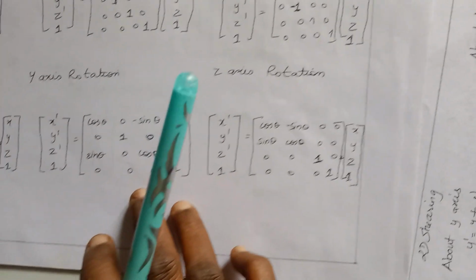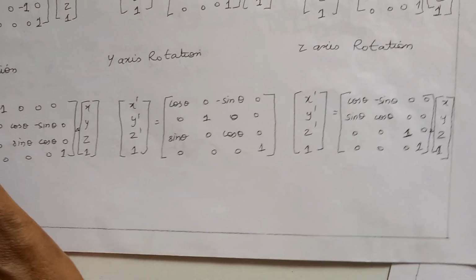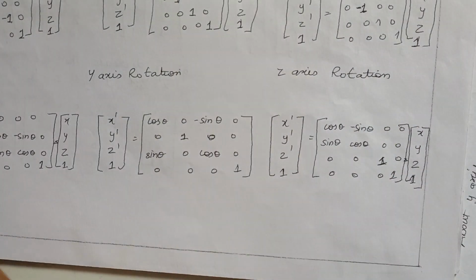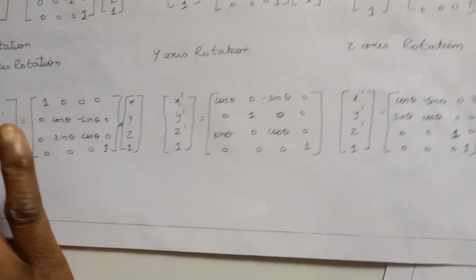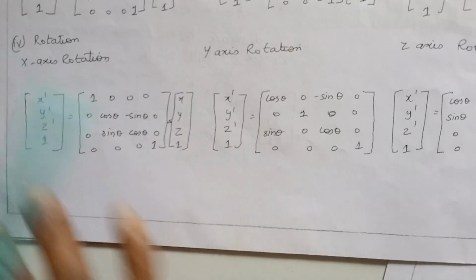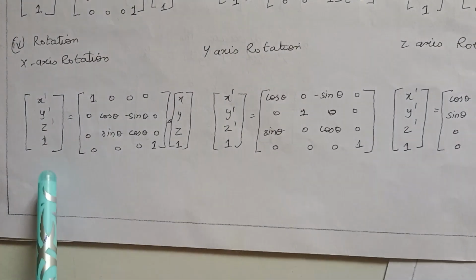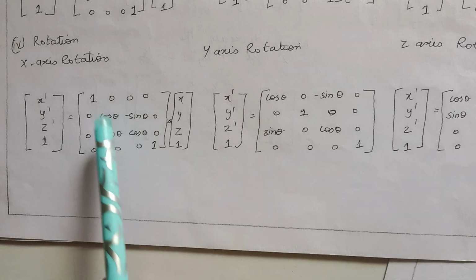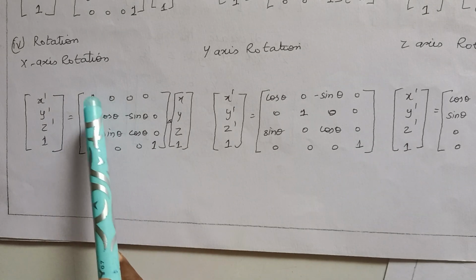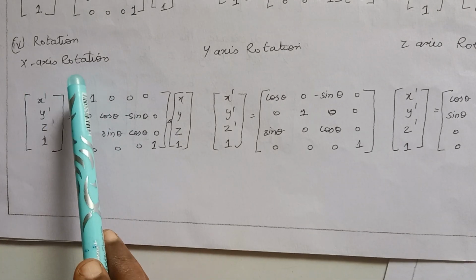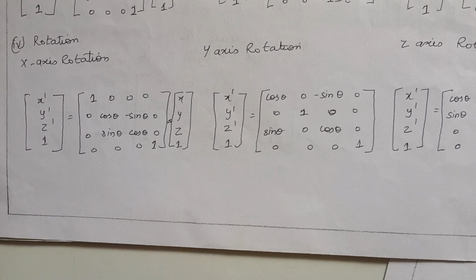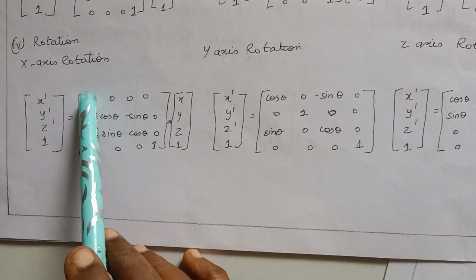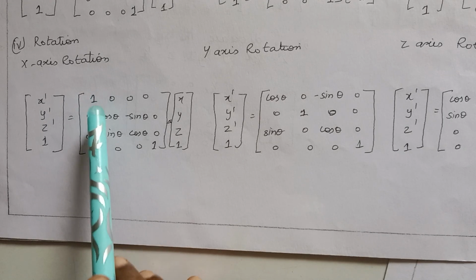Next, rotation. Now rotation along the x-axis. Rotation means x dash, y dash, z dash, 1 is equal to. How will we do it? If it is rotation along the x-axis, the first row and first column you fill with zeros. So here in the diagonal it will be 1 only.